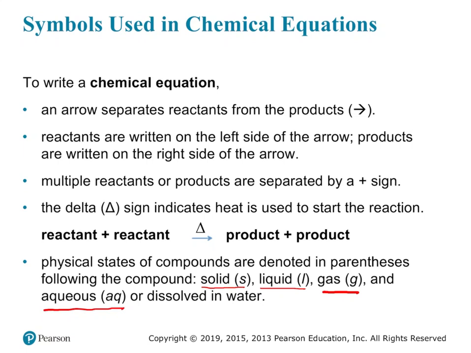So for instance, if you have a solid and you want to mix it with something else, it might be easier to first dissolve that solid in water. Or if you have something that's highly concentrated, but you really don't need a concentrated solution, you can dilute it first. So that would be an aqueous solution.